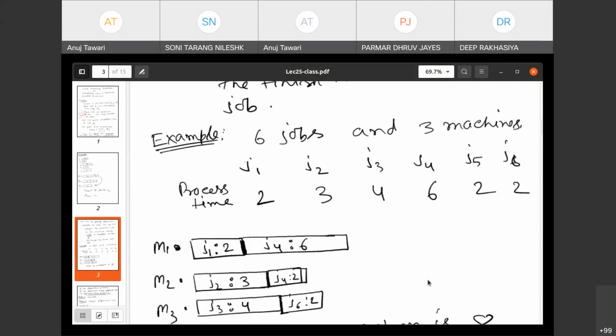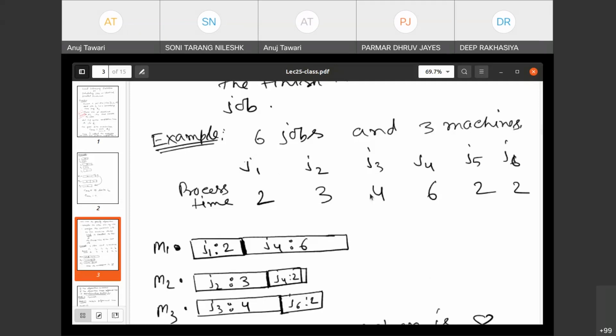Here we'll see this algorithm: whenever we have to assign a new job, we assign it to the minimum load so far. Whichever machine has the smallest load, we assign that job there.